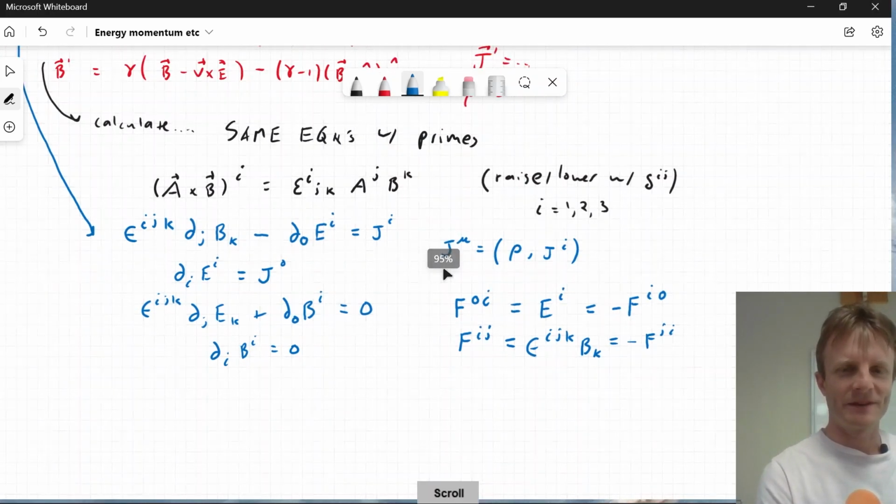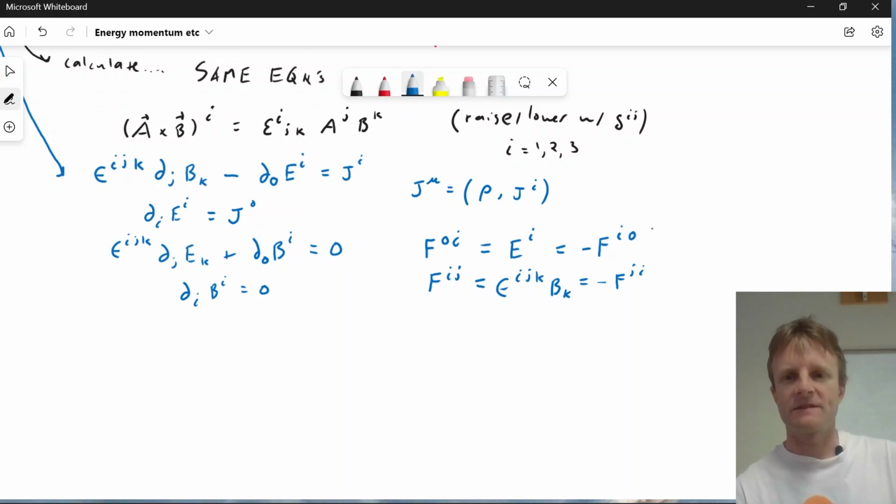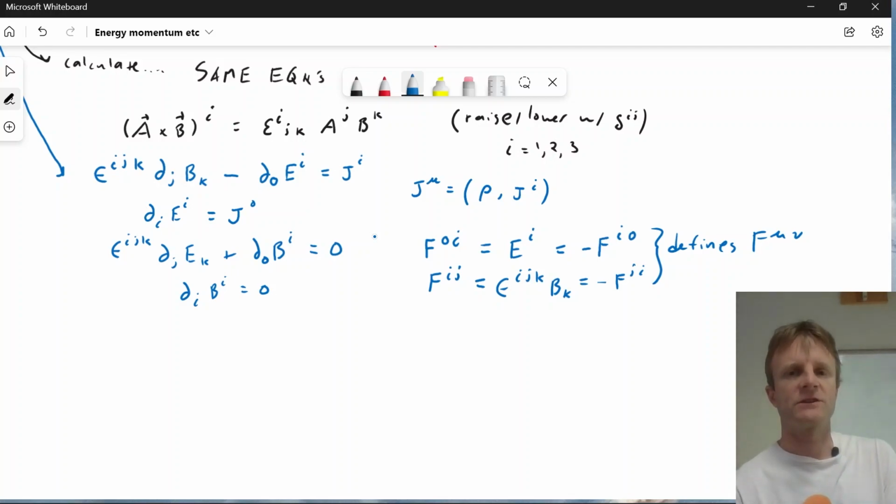This thing together defines F mu nu. I might have written it with lowered indices last time. It doesn't matter. We're now freely raising and lowering indices using the metric. I just have to make sure I got my signs right in however I define it.